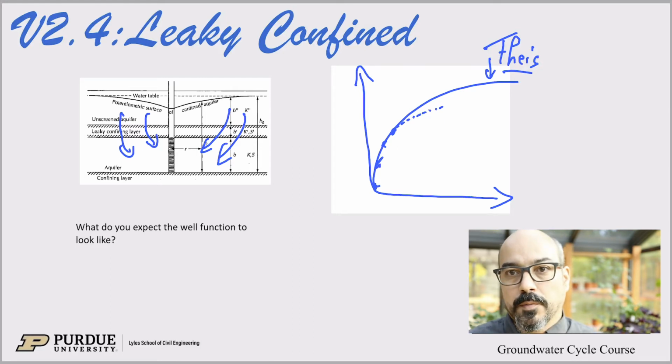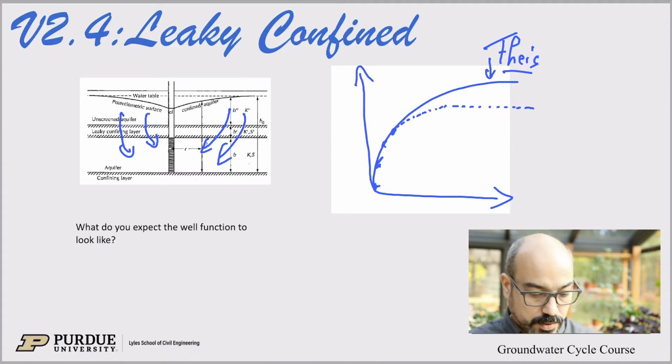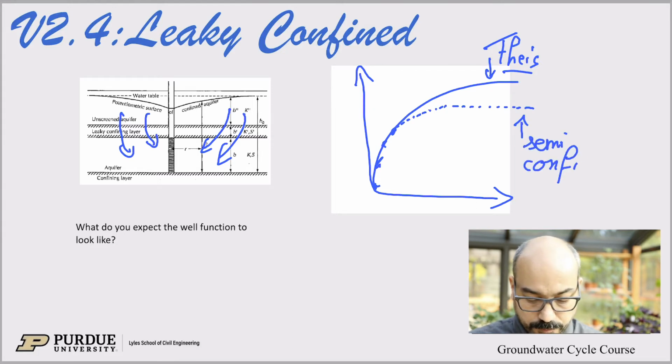When the vacuuming from the pump is compensated by the recharge boundary or by the leakage from another aquifer, then at some point we would expect some complete equilibrium between those two processes, meaning the drawdown is steady, right? Whatever you pump out is recharged by the top aquifer, so there's no change in the water level in the well at that point. So this is really what we would expect for a leaky confined aquifer.